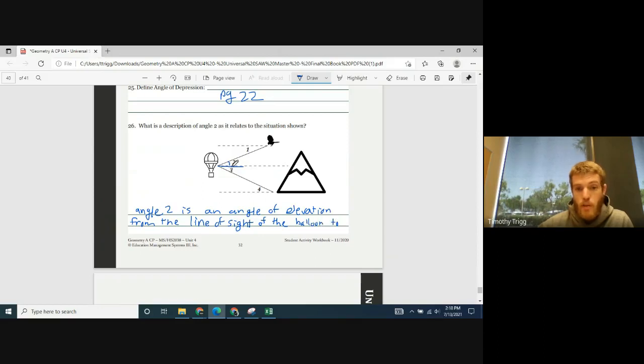To, so what is it going to? It's going to the bird above. Okay. Angle 3 would be an angle of depression. Angle 4 is an angle of elevation. Angle 1 is an angle of depression.